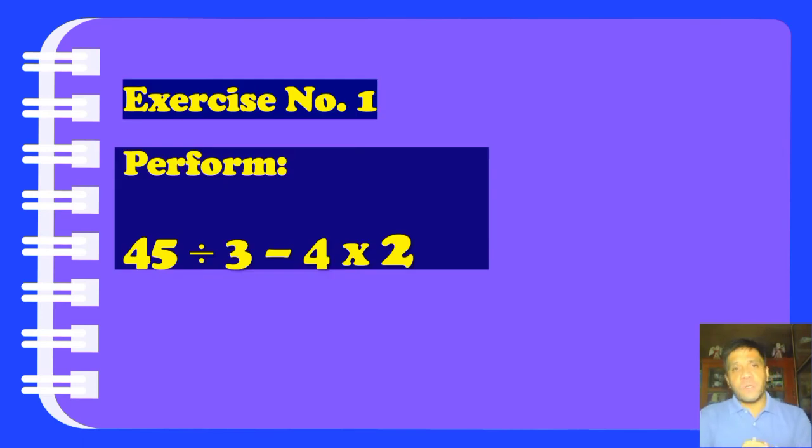Okay, let's begin. Exercise number one. Perform 45 divided by 3 minus 4 times 2. Again, 45 divided by 3 minus 4 times 2. Timer starts now.